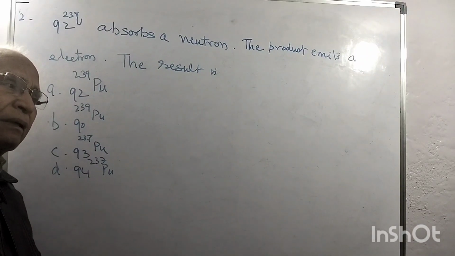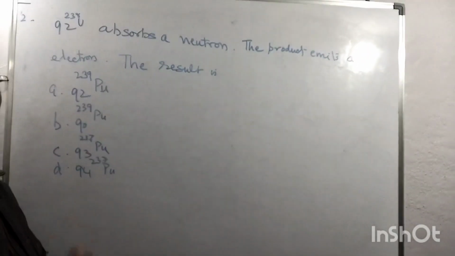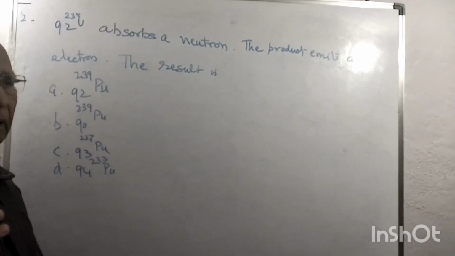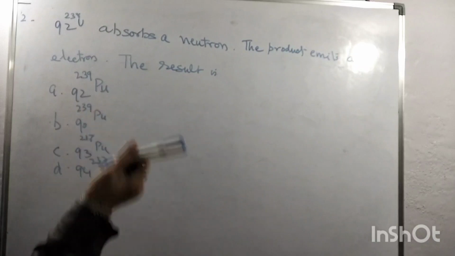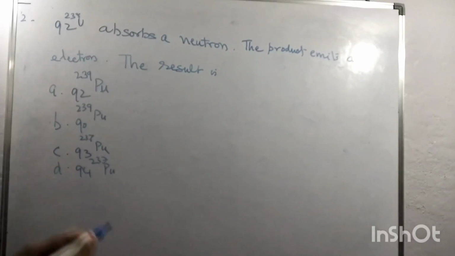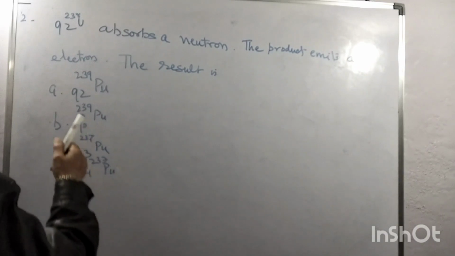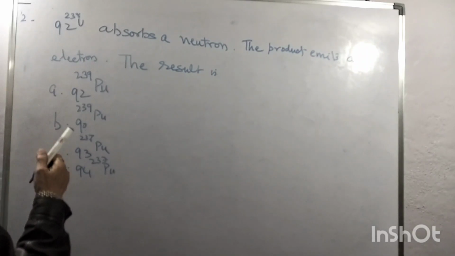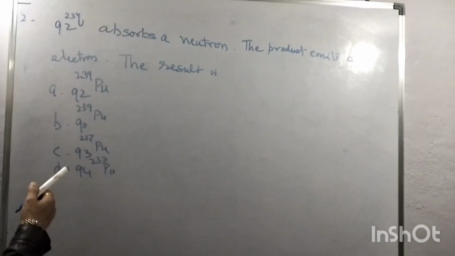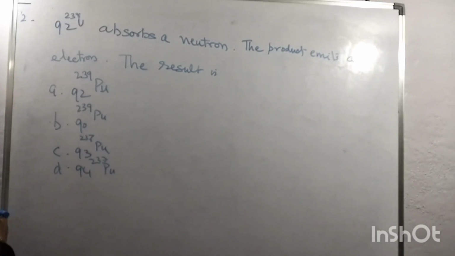And you know in beta decay, a neutron changes to proton, means beta negative decay. Mass remains nearly the same, because neutron changes to proton. So what happens? Uranium 92, 238 is decaying.